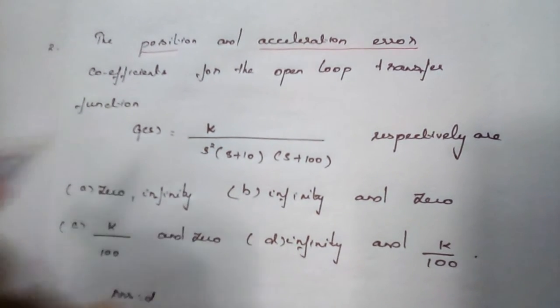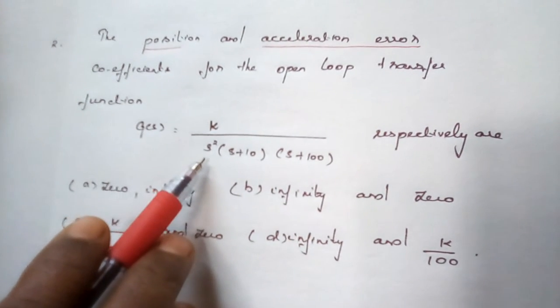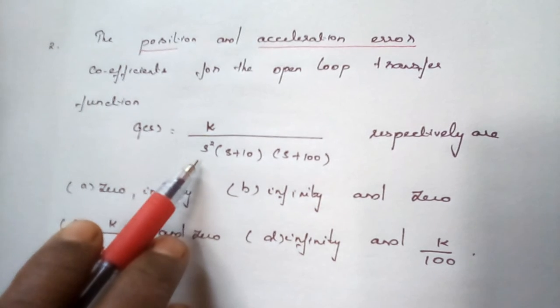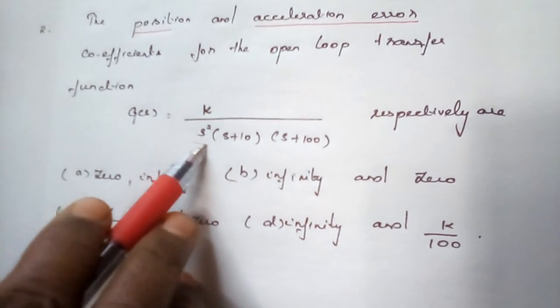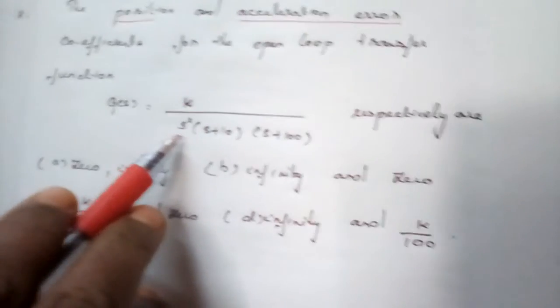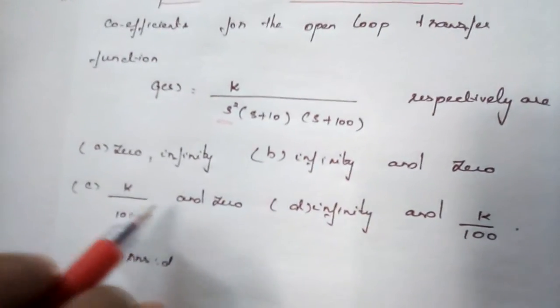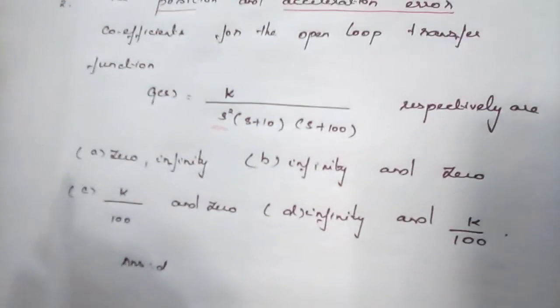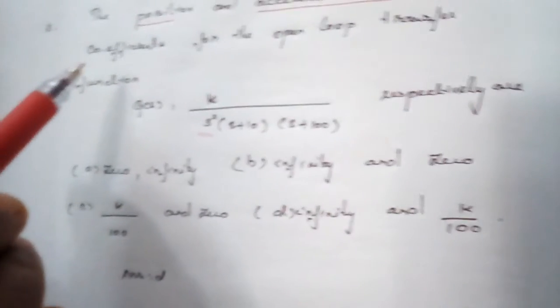Why? Because the given G(s) is nothing but a type 2 system. I am identifying this as the type 2 system by means of the number of poles at the origin here being 2, right? So the acceleration error coefficient exists, and it doesn't exist in the case of positional error.